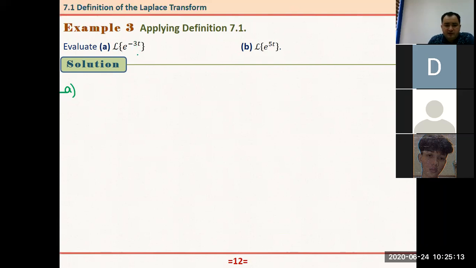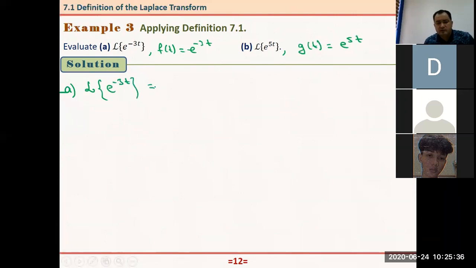Our f function is e to the power minus 3t, and our g function is e to the power 5t. So we need to evaluate the Laplace transform of e to the power minus 3t. Given the definition, the question is, how can I transform this function into another function using the definition? That is what we are practicing.